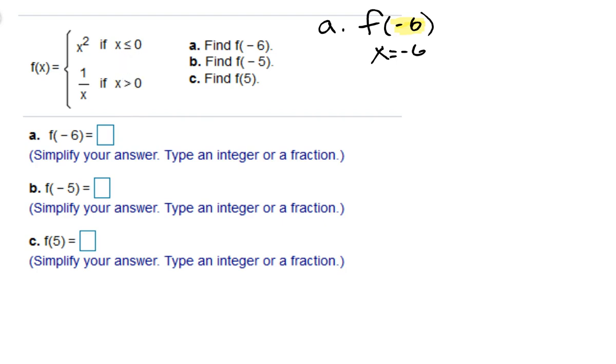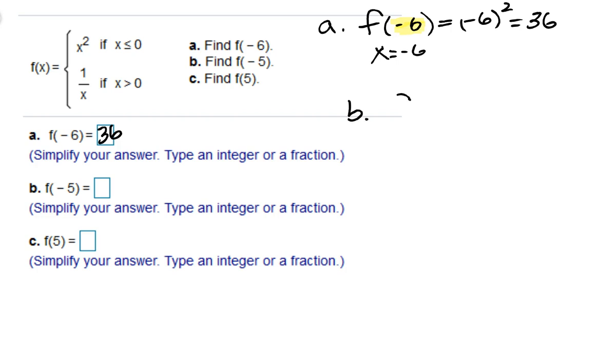Since x is negative 6, I want to use this one right here. Negative 6 is less than or equal to 0. That is a true statement, and I'll use that equation to work it out. So I'm going to substitute that negative 6 into the equation for x squared to get the answer of 36.